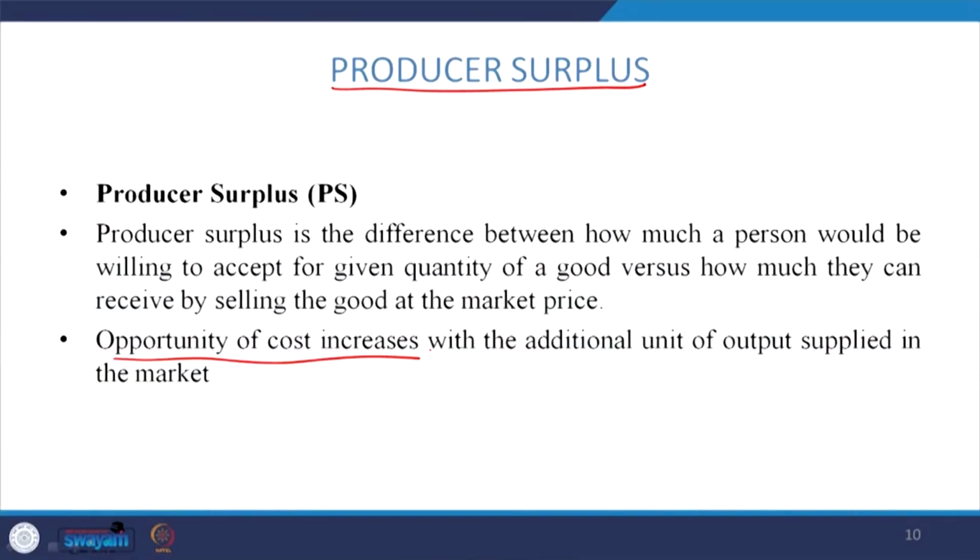Here opportunity cost actually increases as we increase more and more units of a product to be supplied in the market. So, marginal cost, MC, rises after a particular point, and most of the managerial decisions are taken above the point where marginal cost has a positive slope, and marginal cost is actually the supply curve of a firm.